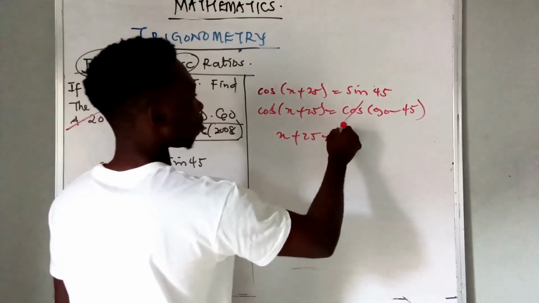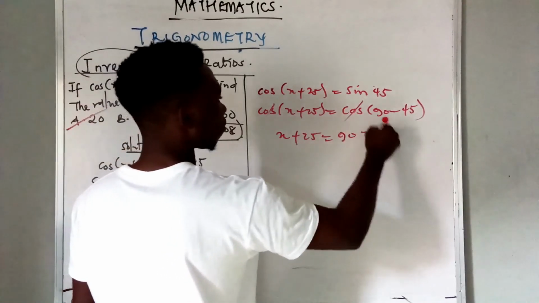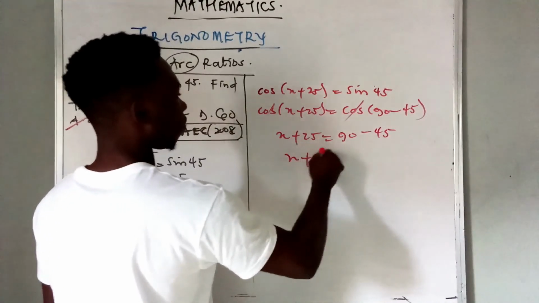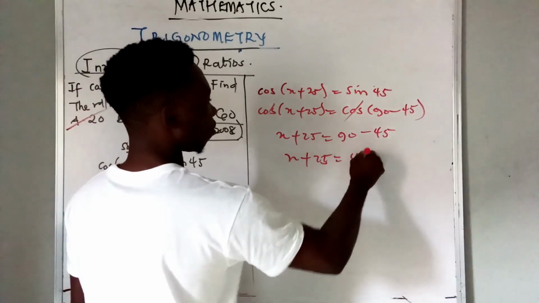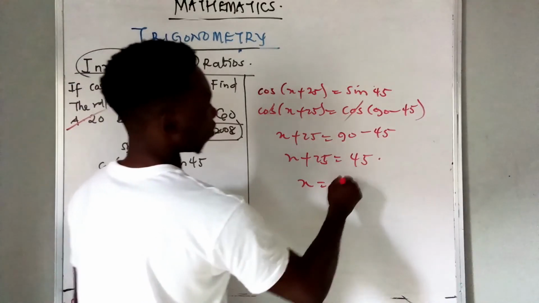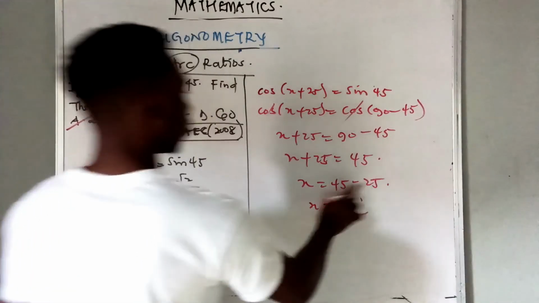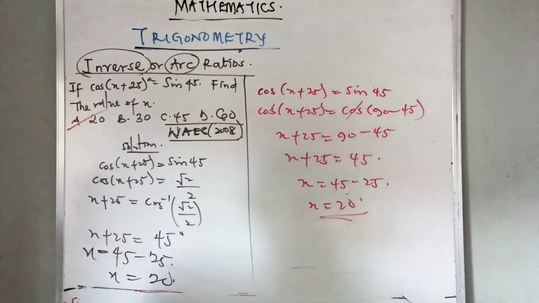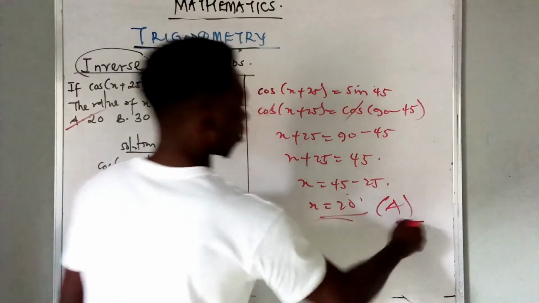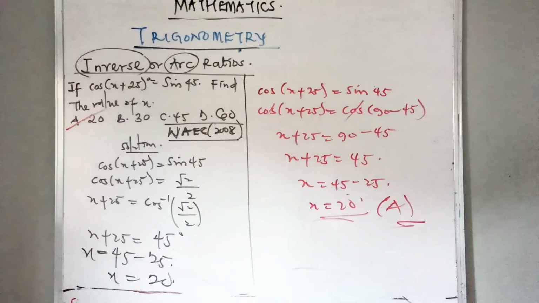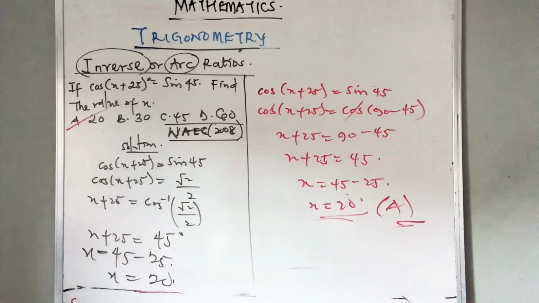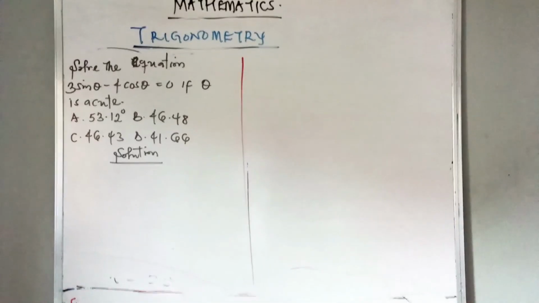So x plus 25 is equal to 90 minus 45. So x plus 25 is equal to 45. x is equal to 45 minus 25. So x is equal to 20. So whichever one still gives you your answer. So the main thing here is you understanding your relation correctly.